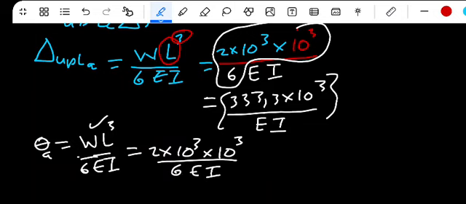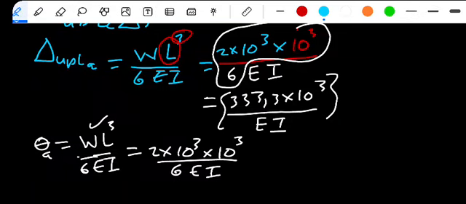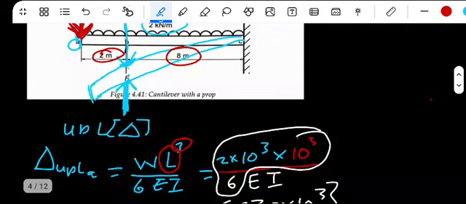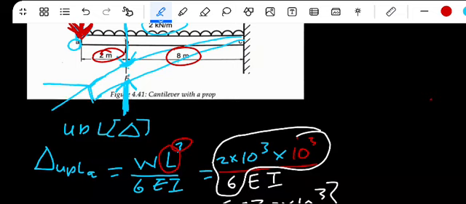Remember, the angle you measure from the horizontal, then to where the beam has bent, and that is the angle. The deflection is from the original beam going to where it has bent.